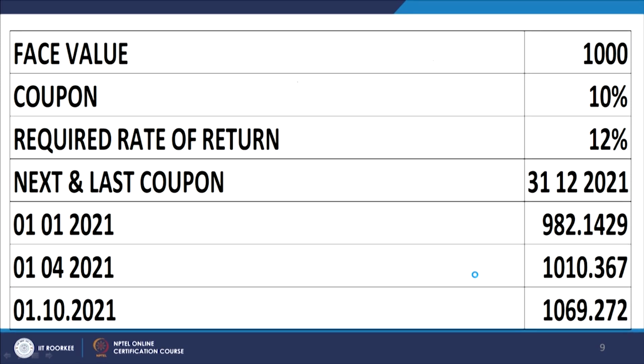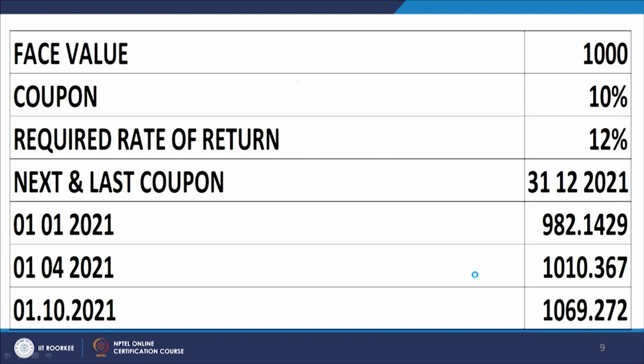It would be the redemption of principal, which is assumed at par to be 1000, and the last coupon payment of 100, that is 10% of 1000. So, the total payment would be 1100 as on 31/12/2021. Naturally, the bond if valued as on this date would be worth 1100.